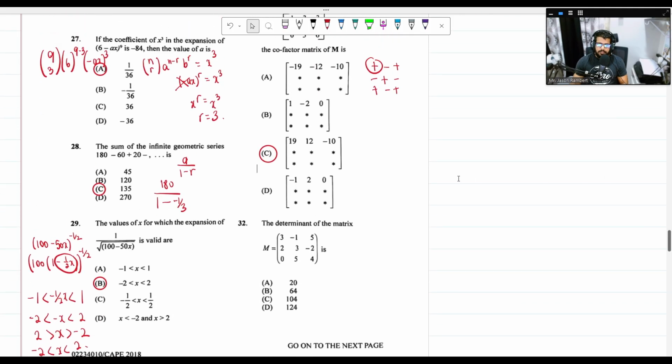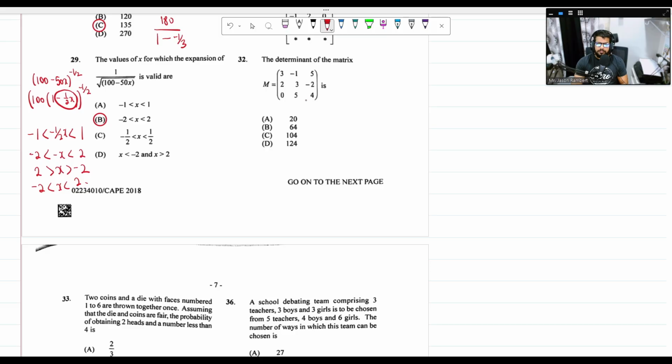The determinant of the matrix is going to be 3 multiplied by the determinant of this matrix, which is 4 3s are 12. Take away minus 10, which is 12 plus 10, which is 22.